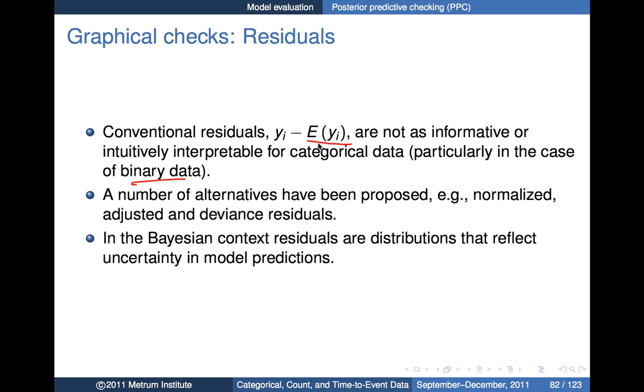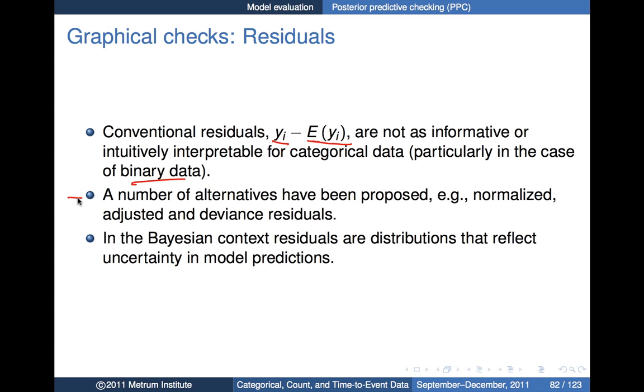If we're dealing with binomial with a large sample size, these are probably reasonable. But with straight binary data, they're pretty limited. You've got this one quantity, the expected value, which is going to be a nice continuous number between 0 and 1 in the binary case, but y is always 0 or 1, and the end result is an odd-looking creature that doesn't let you really assess model fit very well.